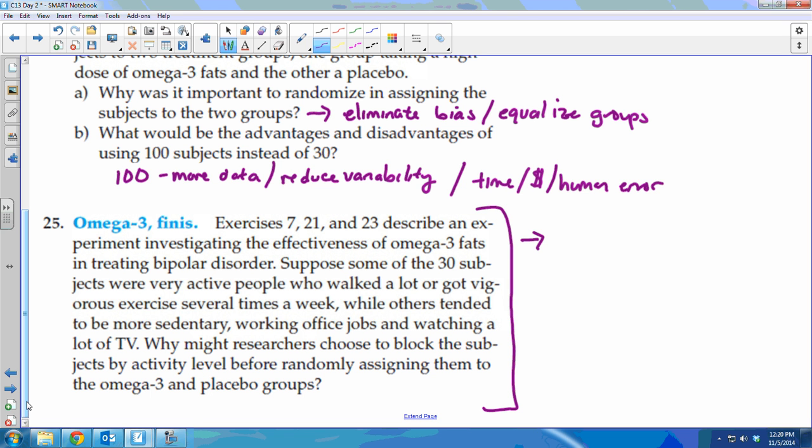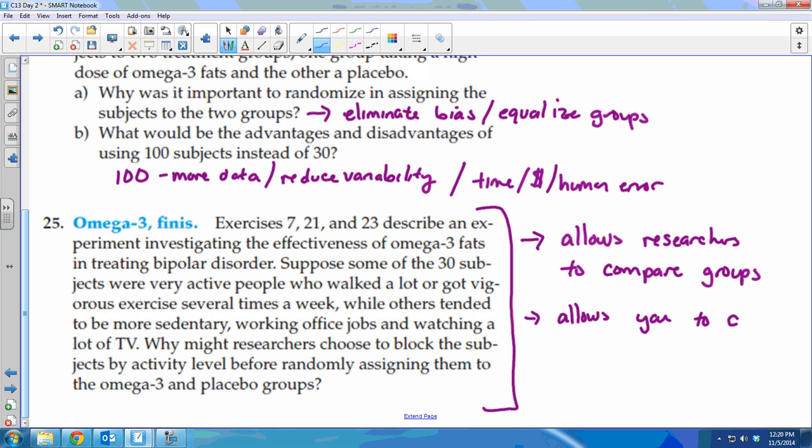Right, so it allows researchers to compare groups because maybe the omega-3 works better in active people, right? And it allows you to control, if you will, the potential variability in groups.